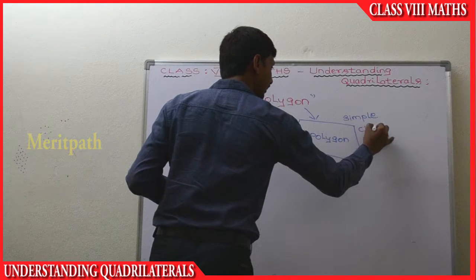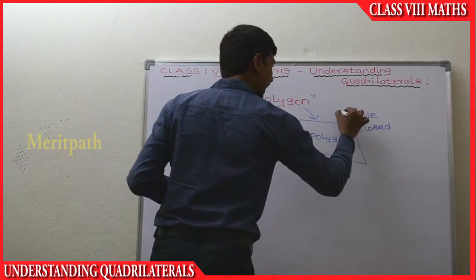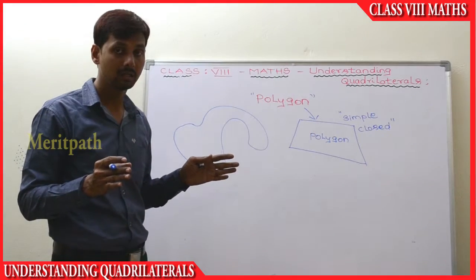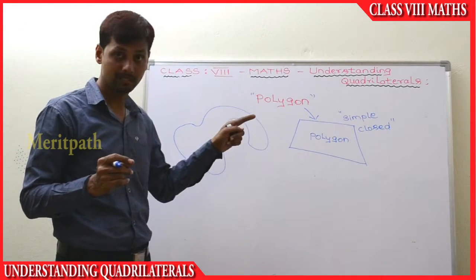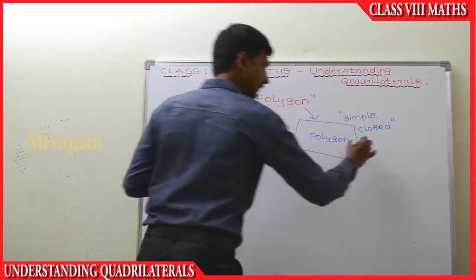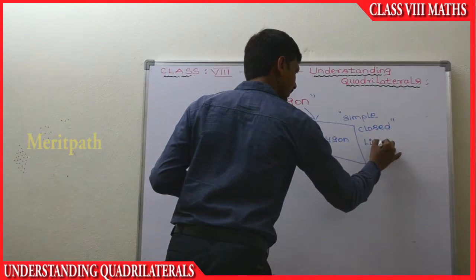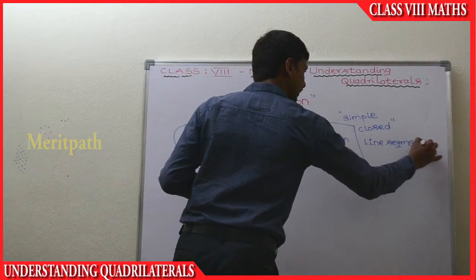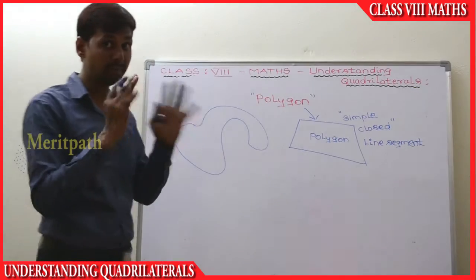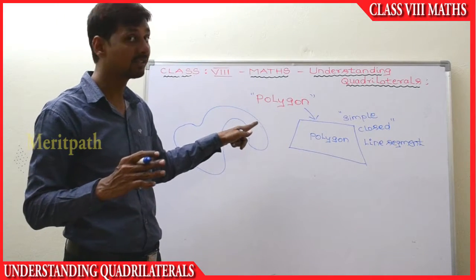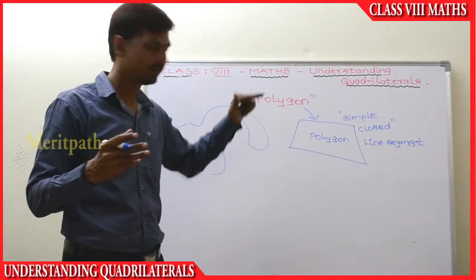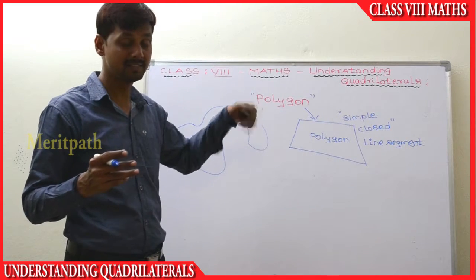A closed figure, and a simple closed figure which is bounded with line segments, we call a polygon. Simple closed means the line is not intersecting itself. It is already closed because we started and joined at the same point.